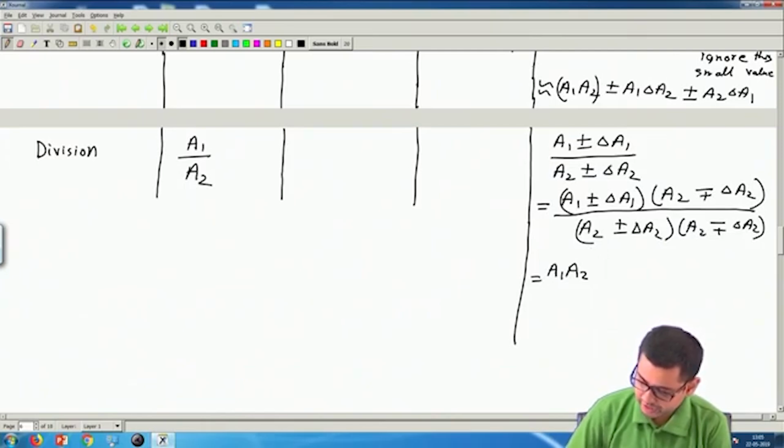So what else we will have: plus minus delta A1 times A2 minus plus A1 times delta A2.